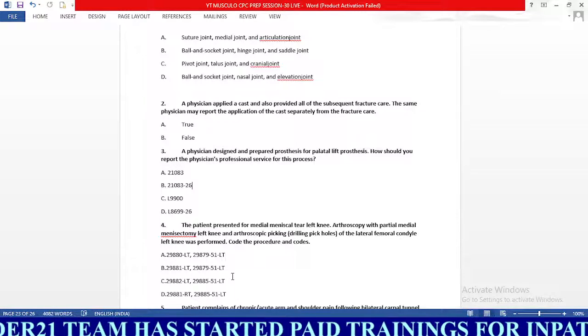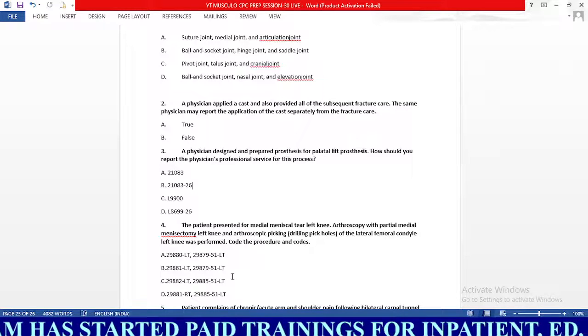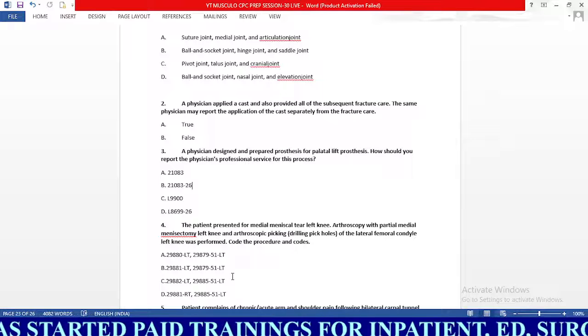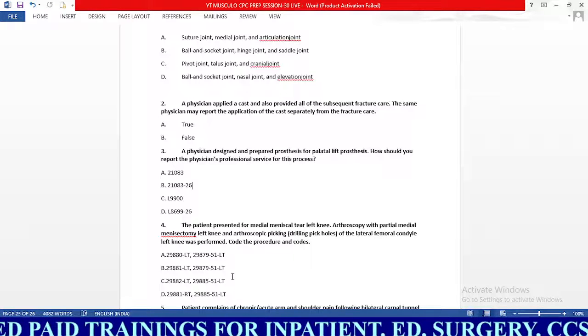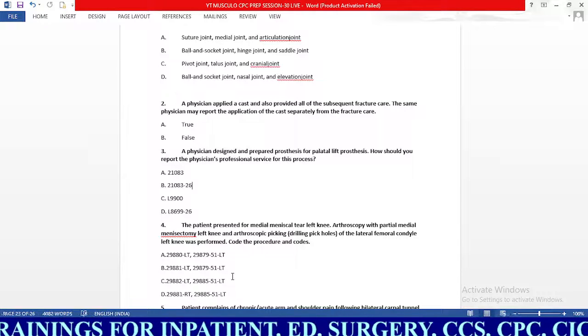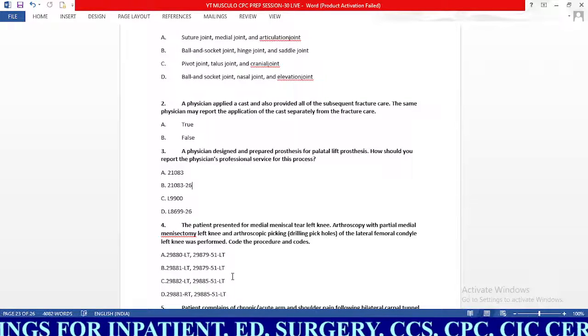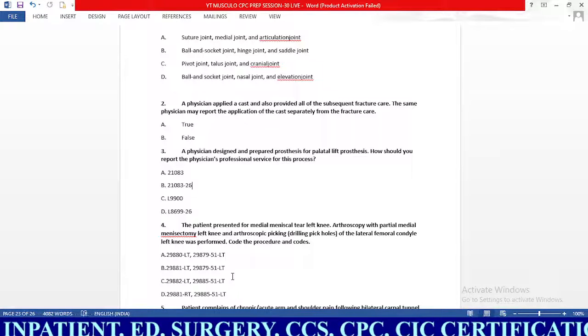So Sonal, try to answer this one as it is a most important section in the musculoskeletal system, which is arthroscopic procedure. Most of the time we will code from shoulder and knee in the arthroscopic procedure section of the musculoskeletal system.